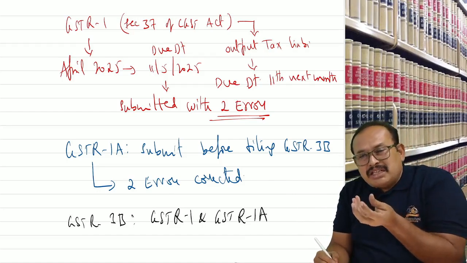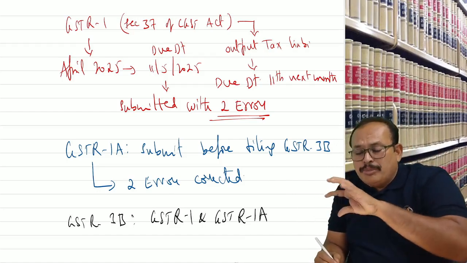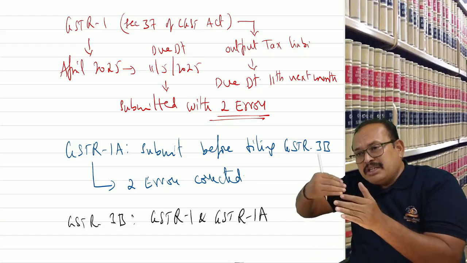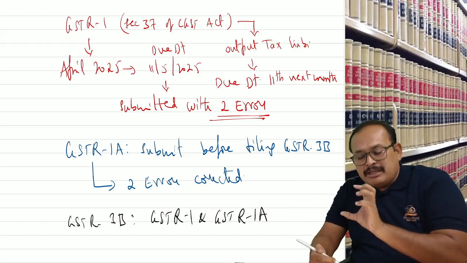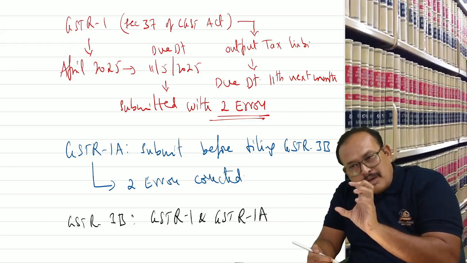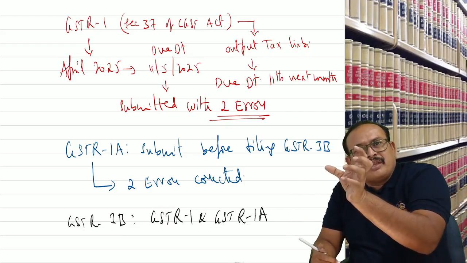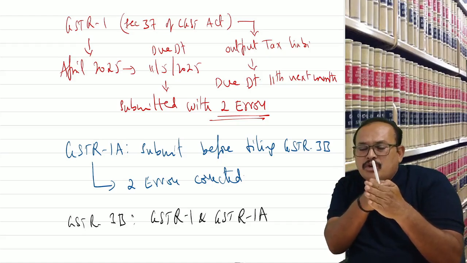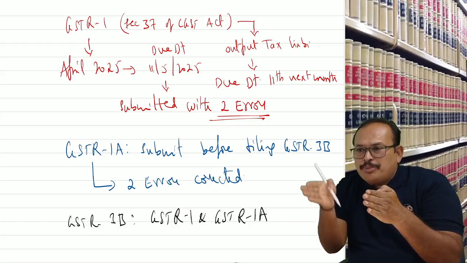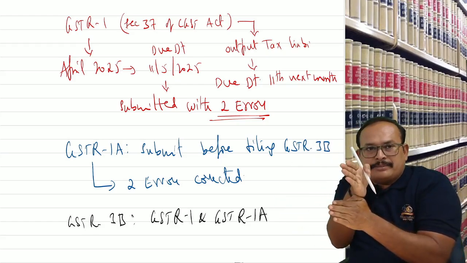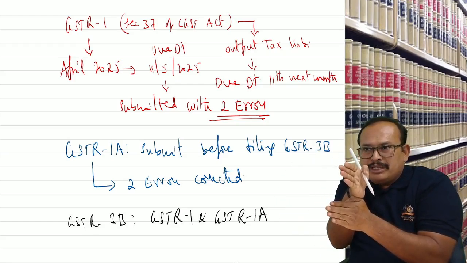So once you made corrections in GSTR 1A, while capturing for GSTR 3B, the system has been programmed in such a manner that GSTR 1 followed by GSTR 1A, GSTR 1A supersedes GSTR 1 data. You get my point, sir?